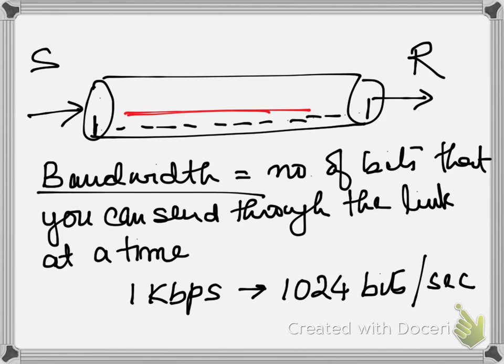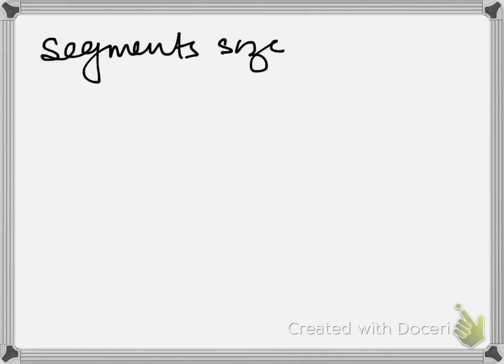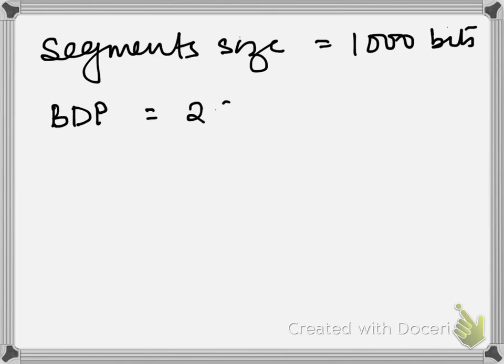Now in the transport layer, we talk about segments. So let's say the segment size is fixed, which is say 100 bits. Each segment is of 100 bits. Then our BDP in terms of segments is approximately 2.5 segments.